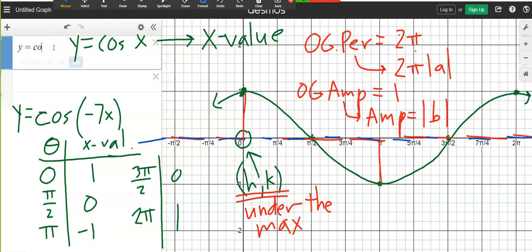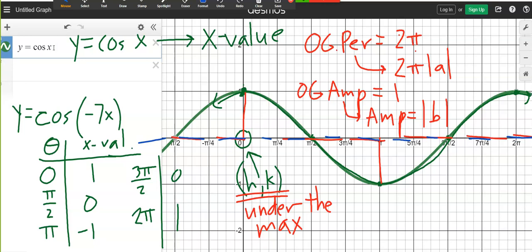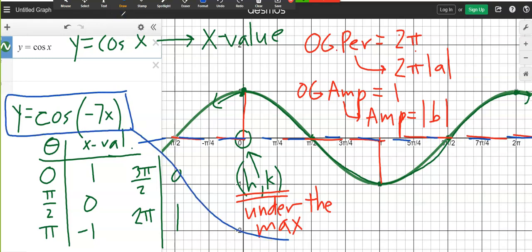Y equals cosine x. There it is. It fits what we drew. I need to know how to get your question in fireproof form. That's a good question. Y equals cosine of... All of your changes on this question involve the x value.